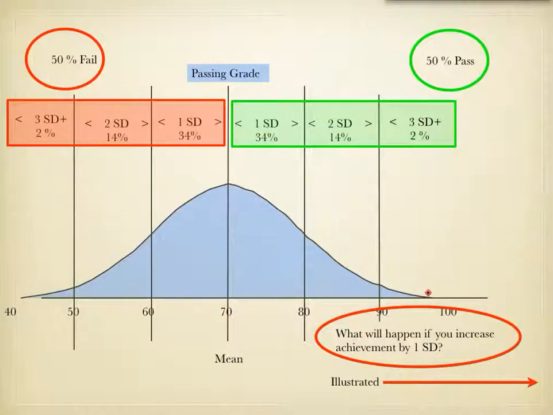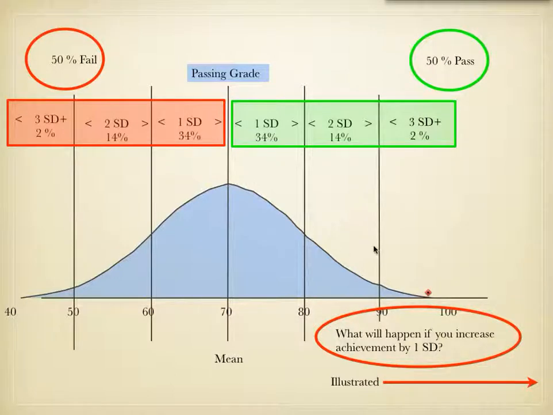So here's this group that took this test, and here's their scores. And we said 70 was the mean, and half the students scored above, half the students scored below. And remember how we divided those percentages up? First standard deviation, because see how much larger this part of the curve is, that means more students will have scores in this part of the bell curve. 34% above, 34% below.